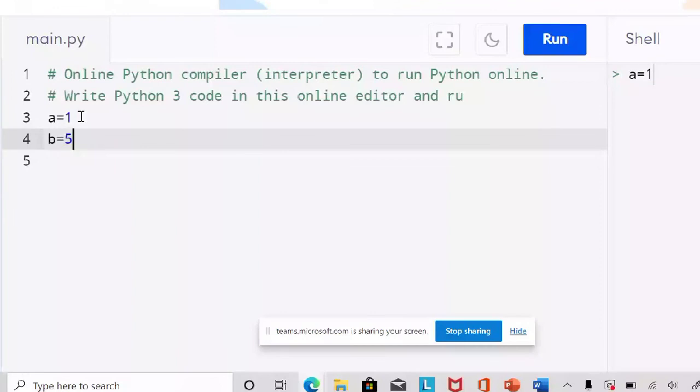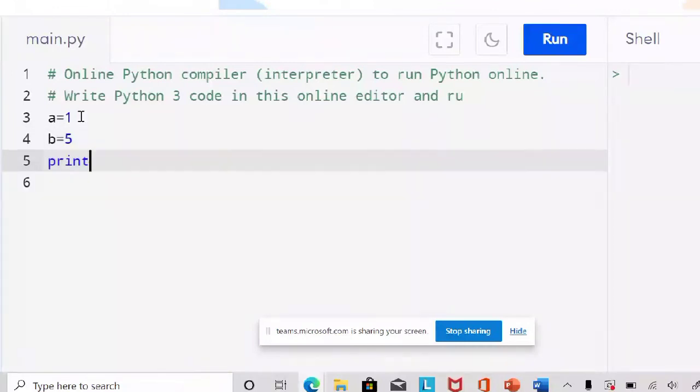Just to throw some light on this concept: when I have two values, A and B, with values 1 and 5, you can see that A mod B is 1 mod 5.